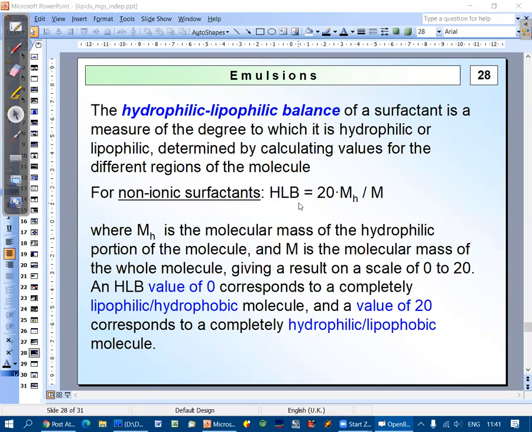But a value of 0 shows that this emulsifying reagent is lipophilic or hydrophobic. It's the same and will stabilize the reverse emulsion.